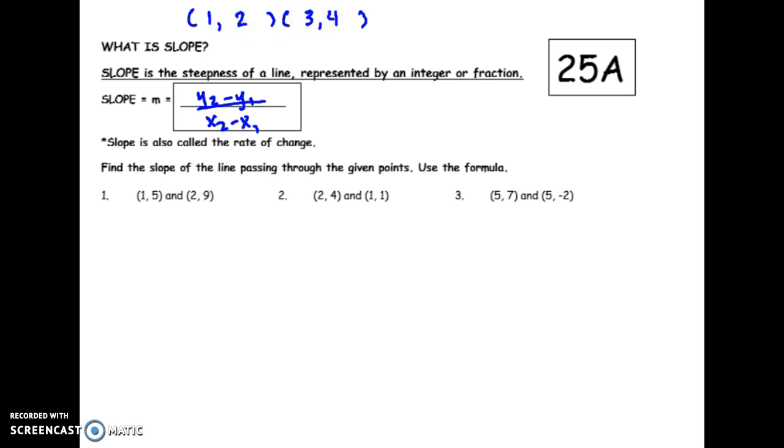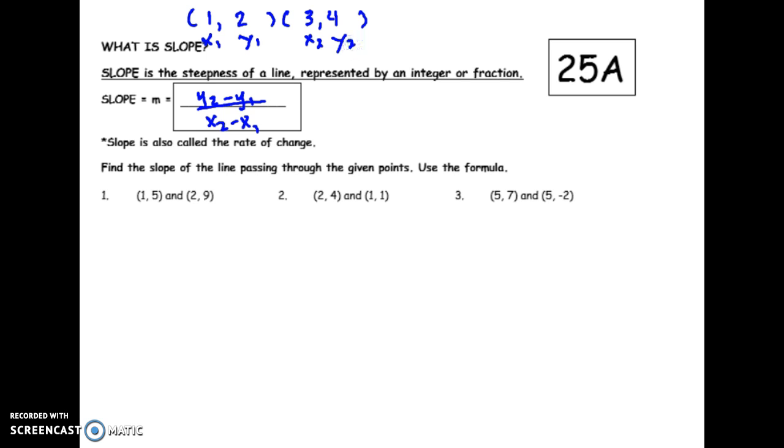Each ordered pair has an x input and a y. Since we have two different ordered pairs, we represent the first ordered pair with a subscript of 1, so it's x1 and the 2 is y1. Here we have x2 because it's the second point, and y2.